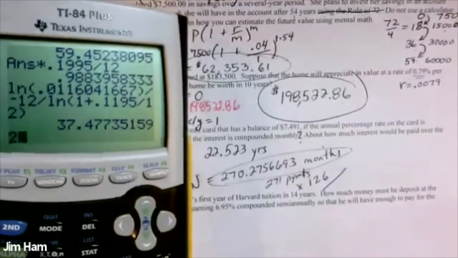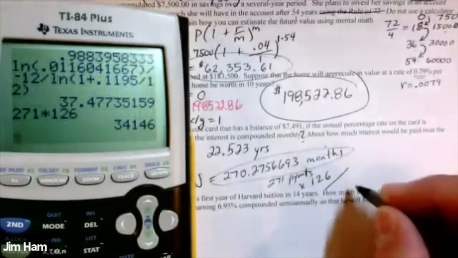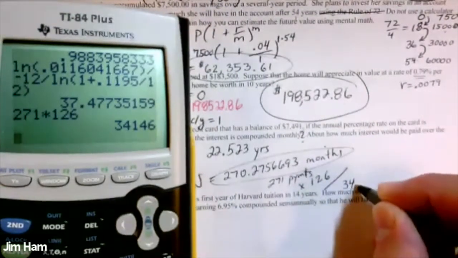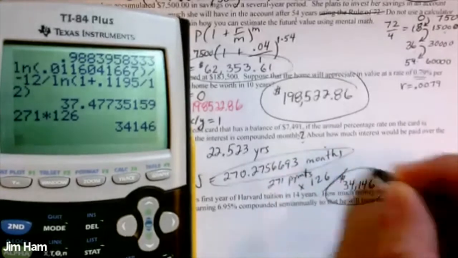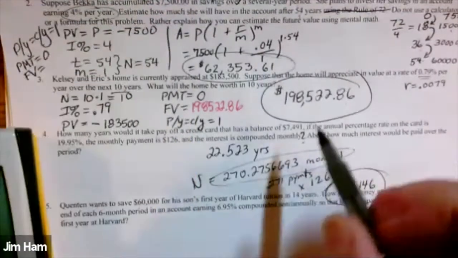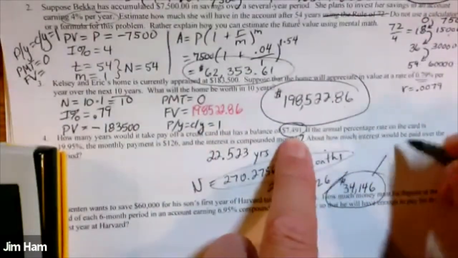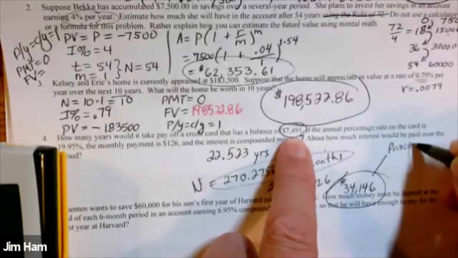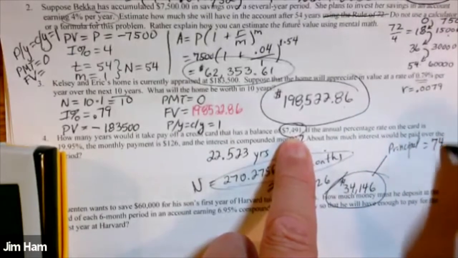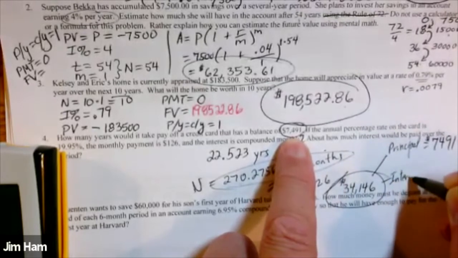So if I take the 271 payments of 126, that means that after 22 years, this is how much we paid. But the original loan was only this amount. So this is the principal. Everything else is interest. So there's just a huge amount of interest paid.